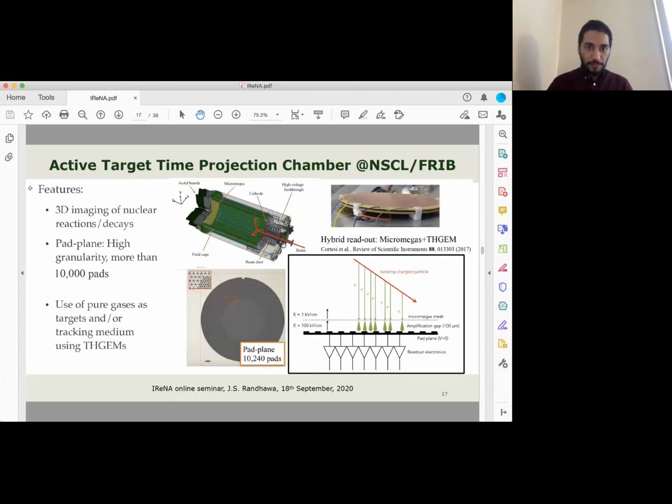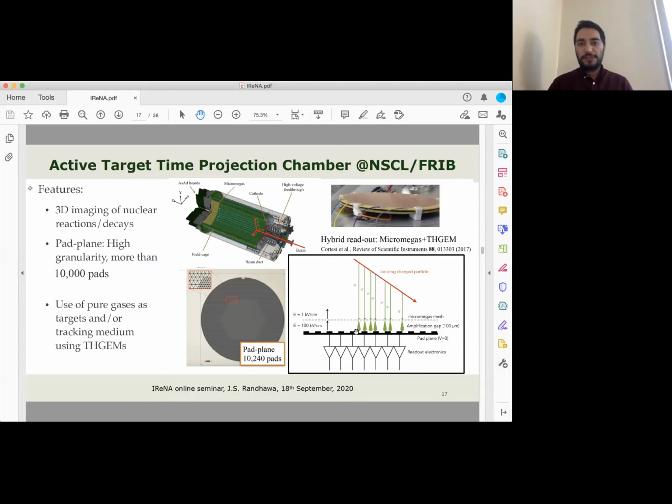So as the beam goes in and there's a reaction or a scattering, any nuclear particle will ionize the gas. And as the gas is ionized, there's a field cage which makes a uniform field, and electrons drift under that field.